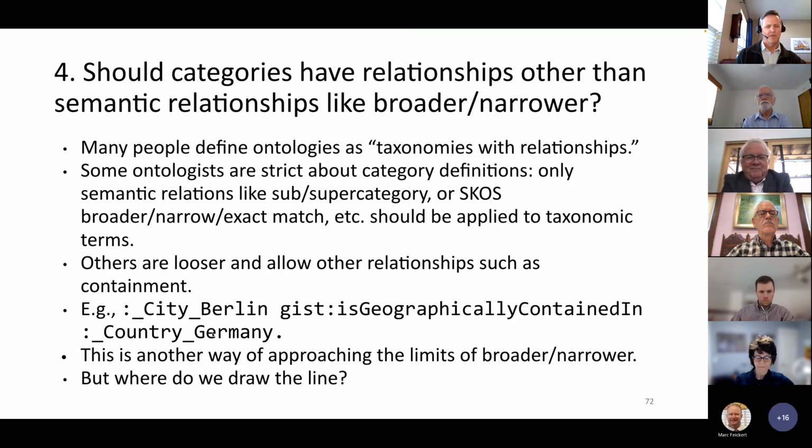Mark with a K, you get the last word. Oh yeah, just really quickly. I do believe that there should be other relationships. I think there might be a few, but if we realize that these category schemes are just categories, just terms, they're not much else, I don't think there's a ton of them. For example, I use broader and narrower almost exclusively, but we have something in gist, I think it's subcategory of.